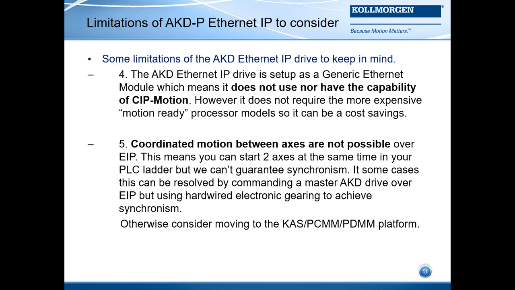This means you can start two axes at the same time in your PLC ladder, but we cannot guarantee synchronism. In some cases, this can be resolved by commanding a master AKD drive over Ethernet IP, but using hardwired electronic gearing to achieve synchronism. Otherwise, consider moving to the KAS PCMM PDMM platform and or AKD EtherCAT drives.